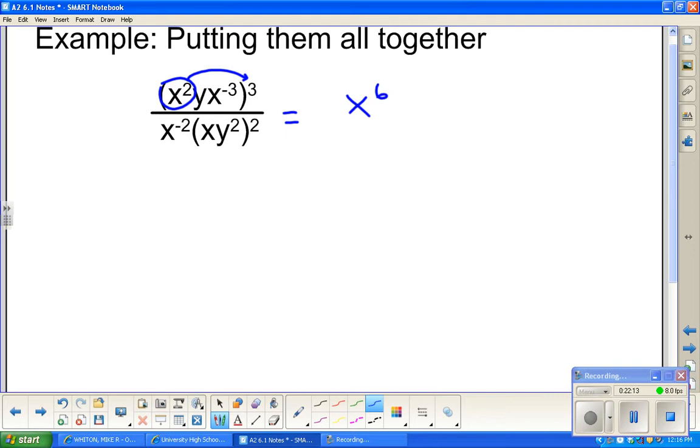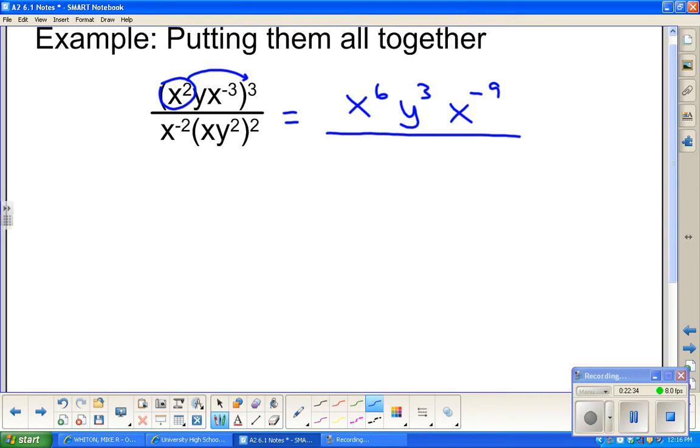Then there was a y, so that to the third is just y to the third. And even the negative, x to the negative third, raise that to the third makes it x to the negative ninth. Okay, so this is just one option. If you wanted to move the negatives earlier, you can.